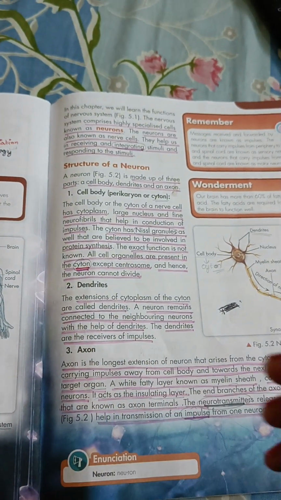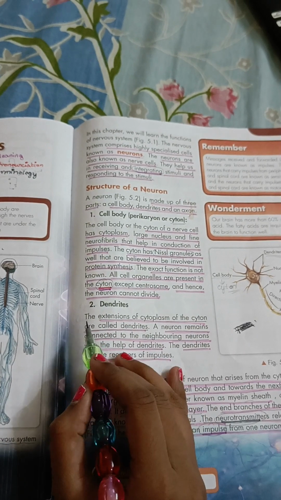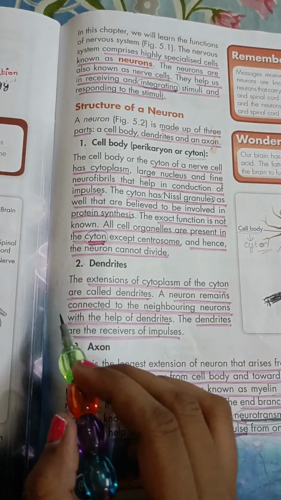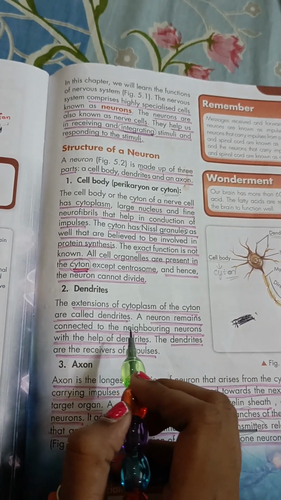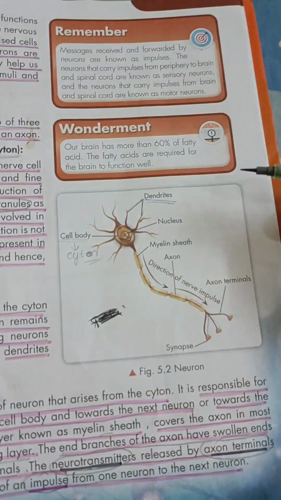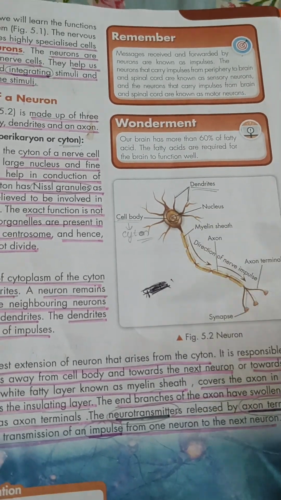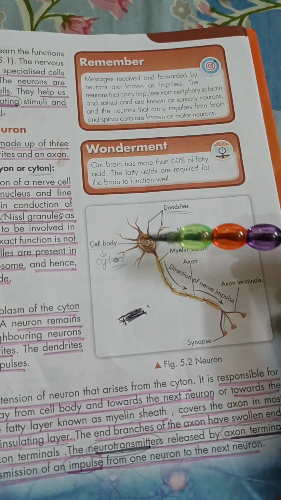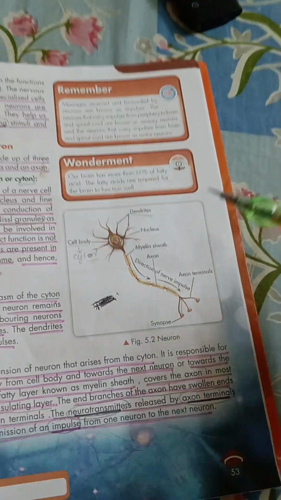Now going to the second important part of a neuron, dendrites. The extensions of the cytoplasm of the cyton are called dendrites. A neuron remains connected to the neighboring neurons with the help of dendrites. So, these are the dendrites of a neuron, and with the help of these dendrites, one neuron can be connected to one more neuron.